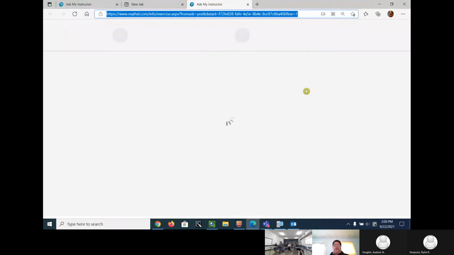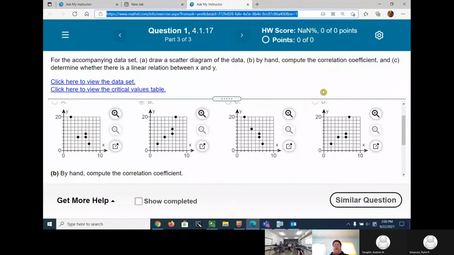Now, I know some of y'all are sitting in the middle to the back, so I don't know how you're going to see it, but it's up to you. Here is the question. The question says, for the accompanying data set, draw a scatter diagram, find the correlation coefficient, and determine whether there is a linear relationship between X and Y.